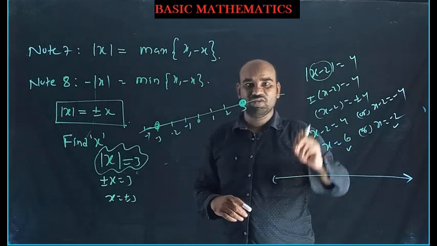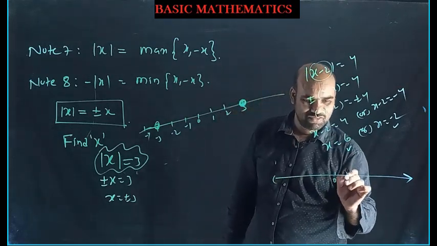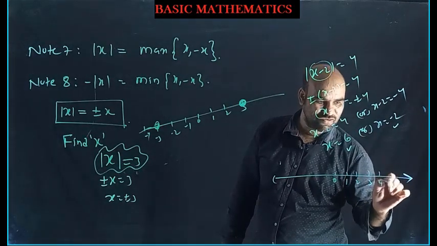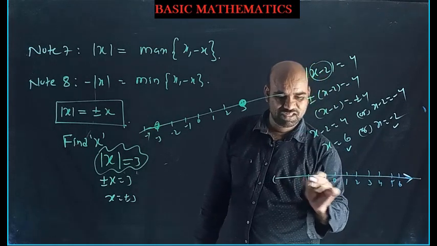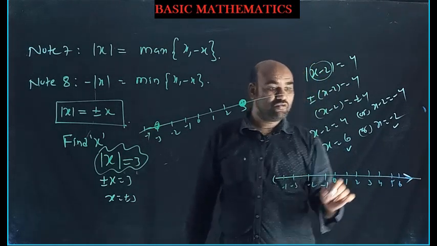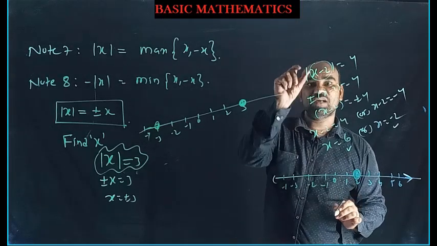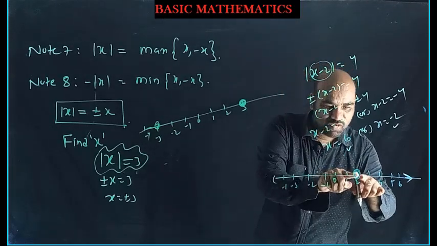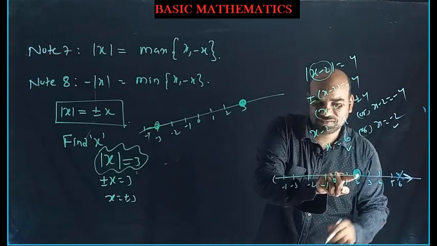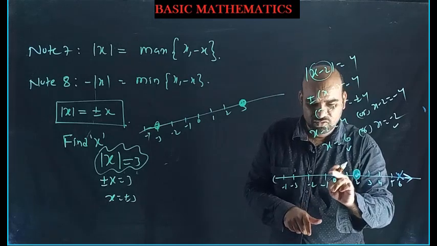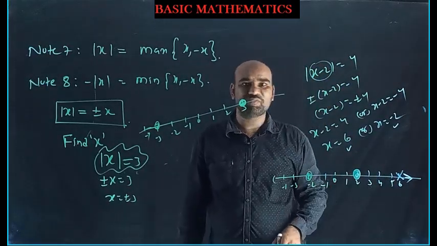Observe here: 0, 1, 2, 3, 4, 5, 6, minus 1, minus 2, minus 3. 2 is the starting point for us. From 2 to a real number, that distance should be 4. 1 unit, 2, 3, 4. Here your x may be 6. So 1, 2, 3, 4, your x may be minus 2. That means x may be minus 2 or x may be 6.